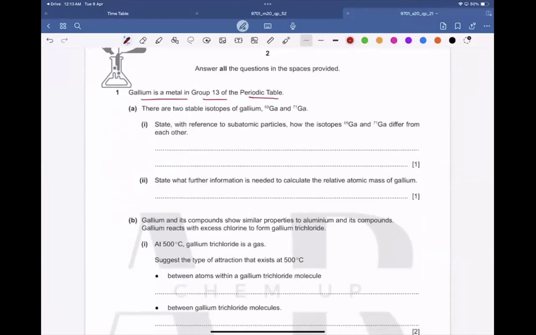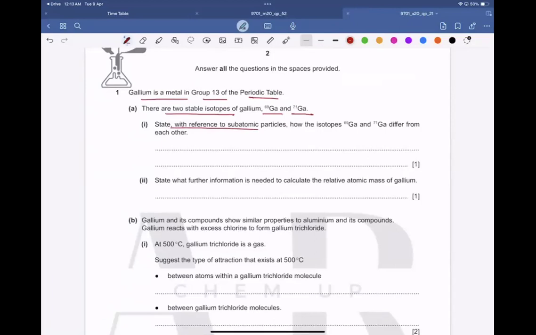There are two stable isotopes of gallium, gallium 69 and gallium 71. State with reference to subatomic particles how the isotopes of gallium 69 and gallium 71 differ from each other.